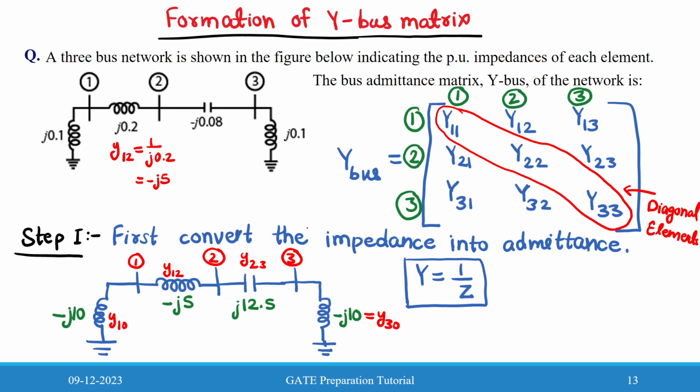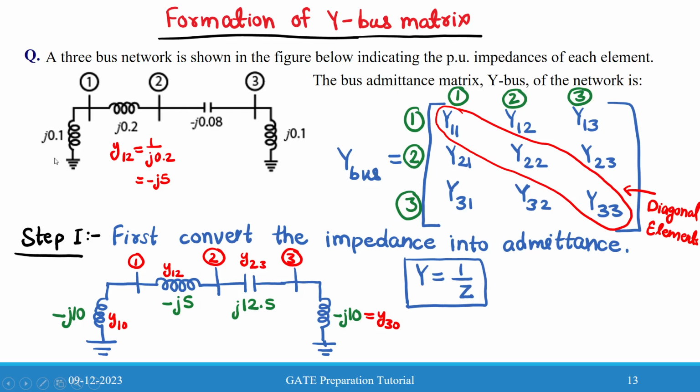And this is one more example where you can directly solve without applying KCL, without going to the basic one. You can directly apply how we find the diagonal elements and how we find the off diagonal elements. So this is a three bus network, and so Y bus is a 3 cross 3 matrix.